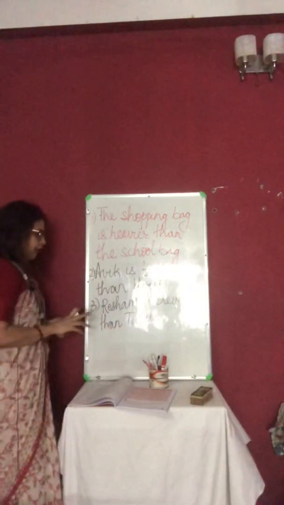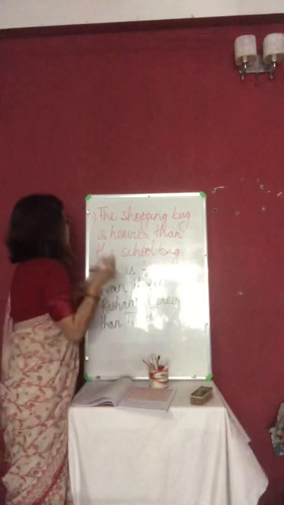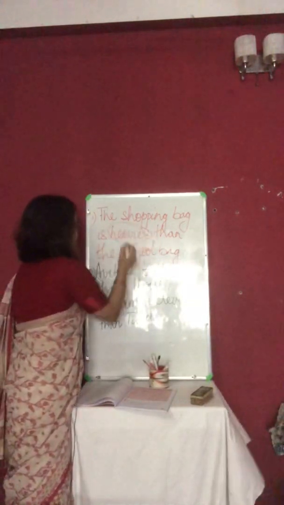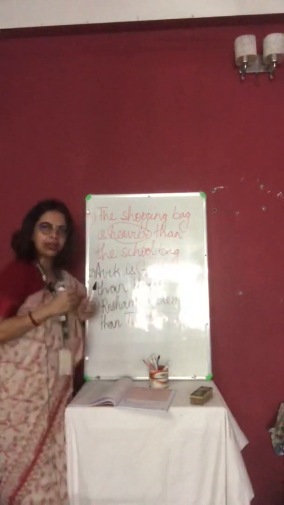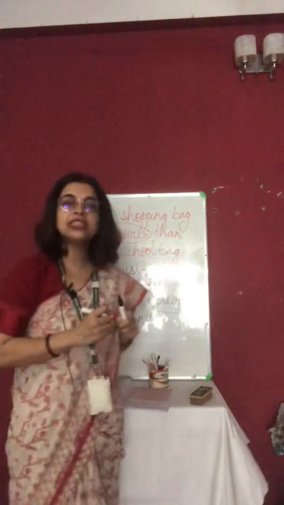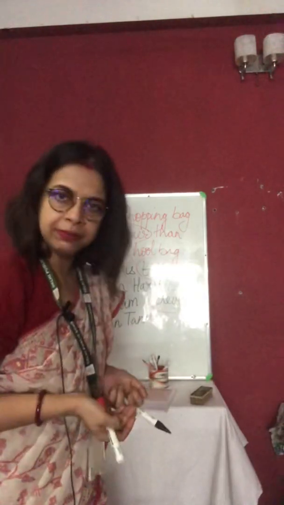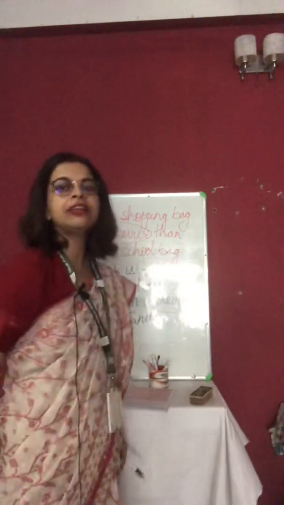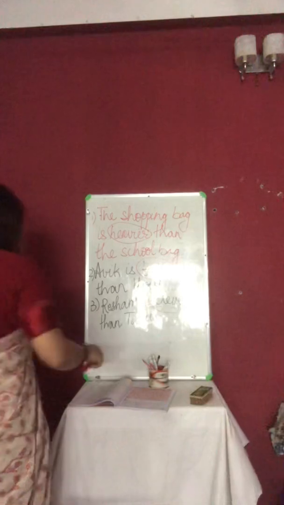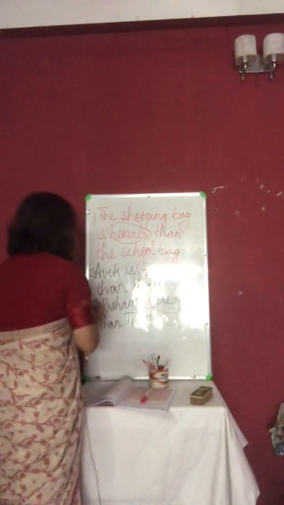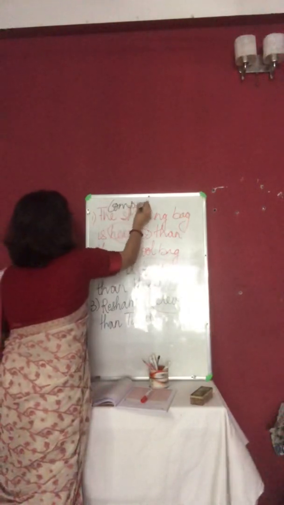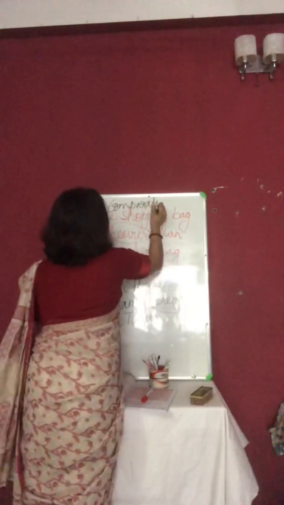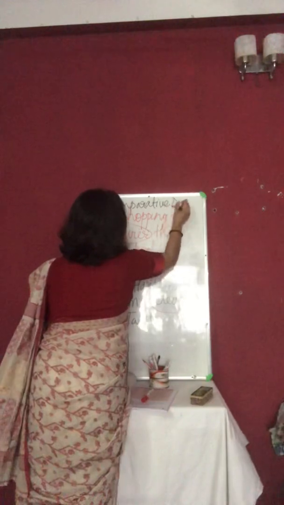Okay, so have you seen these changes in the adjectives? Heavier, taller, cleverer. These are all changing, isn't it? It is no more in its simpler form. These adjectives are changing, so they are known as comparative degrees.